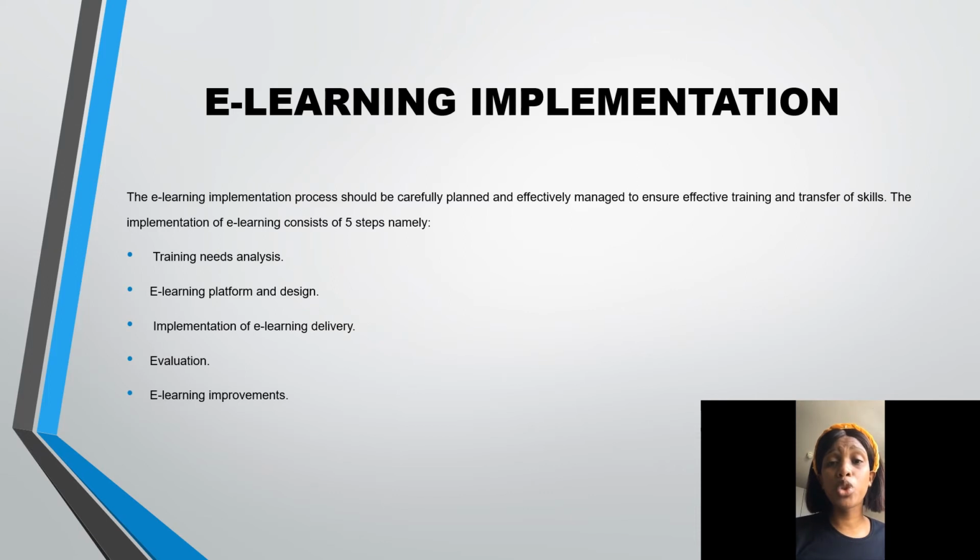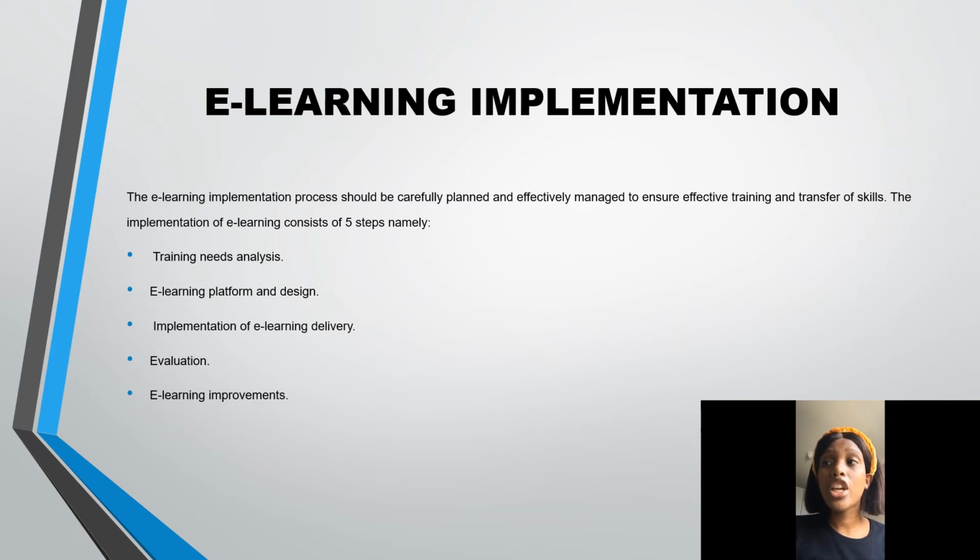Those people should be skilled and must have enough knowledge, and they should also do enough research and make sure that they have all the facts needed. E-learning implementation requires some costs, so companies or universities or colleges cannot afford to make mistakes in this process.